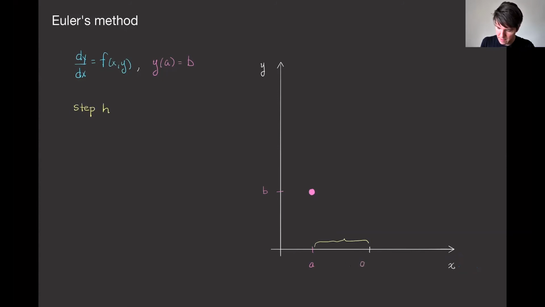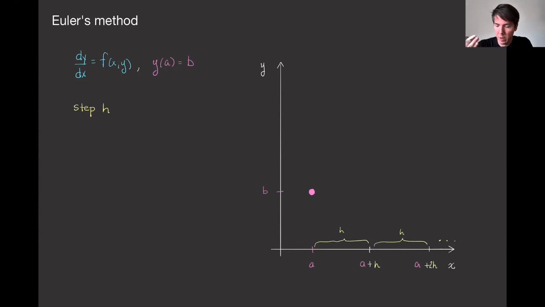So that gives us a plus h. Then we would keep doing it. We'd move over by the same amount again to, let's say, here, and then we have a plus 2h, and so on and so forth. So we keep moving over by h each time.